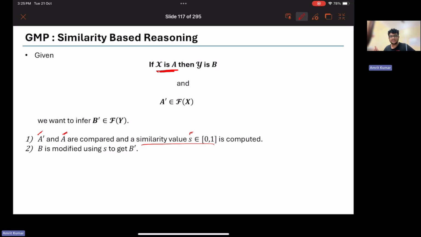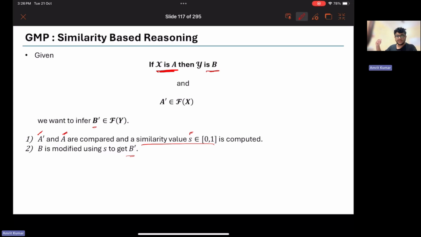Now, having computed that similarity value S, I use it to modify the consequent fuzzy set present in my fuzzy if-then rule. And what we get as a result of this modification is our inferred consequent fuzzy set B dash.